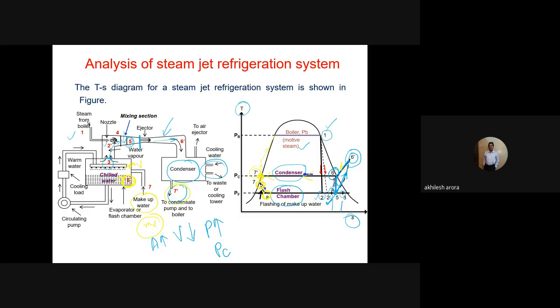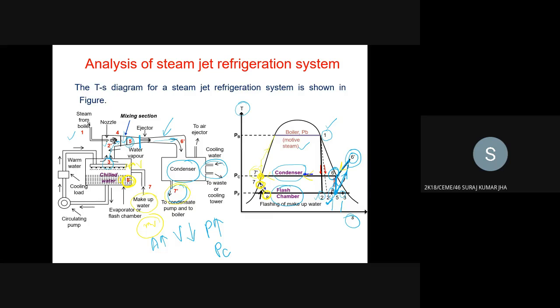Okay, and the point number 3, I have already explained to you. This is also at the same flash chamber pressure which we are maintaining. And basically this pressure is being maintained because of the steam which is moving out of the nozzle with a very high velocity actually. So I hope all the points are clear to you. If you want to ask anything, you can ask.